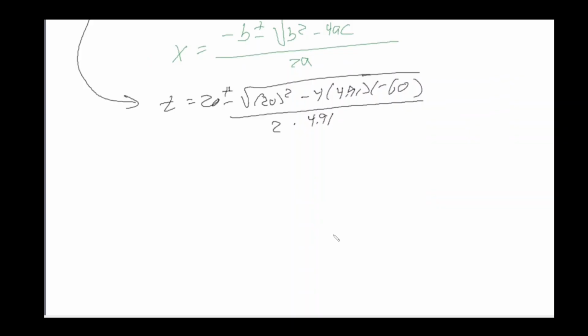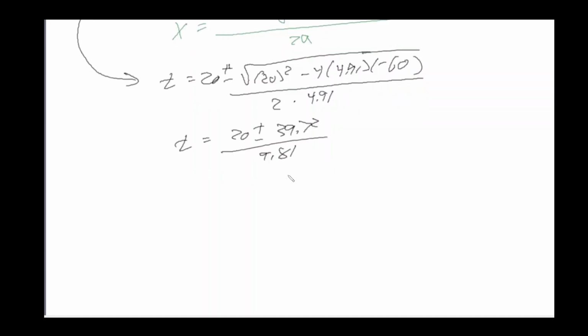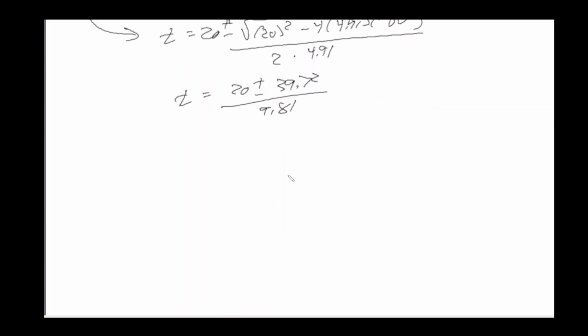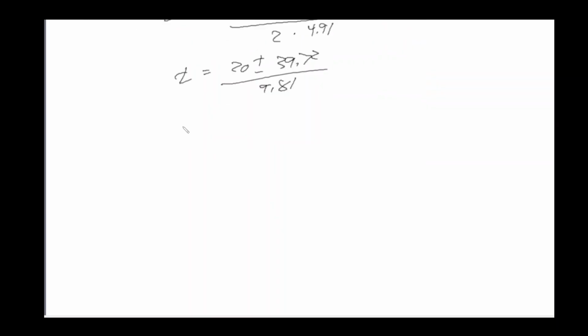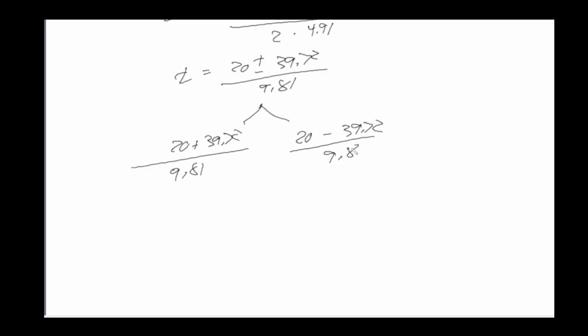If you go through the math, you'll end up with t equals 20 plus or minus 39.72 over 9.81, and this gives us two answers: 20 plus 39.72 over 9.81, or 20 minus 39.72 over 9.81.